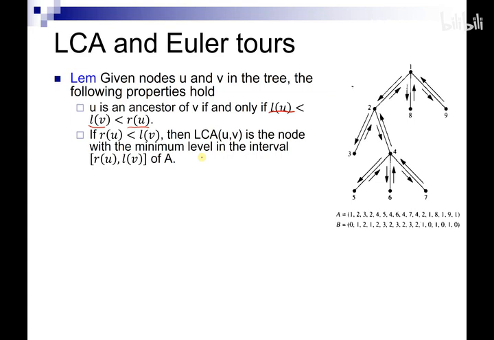If you look at the levels of all of these nodes in that interval and take the minimum level, then whichever node has that minimum level is going to be the LCA of U and V.